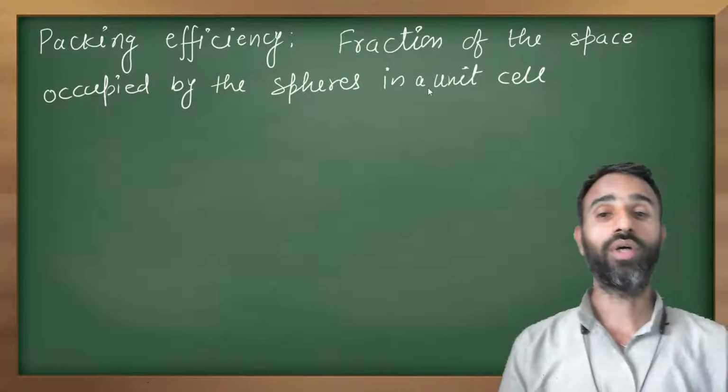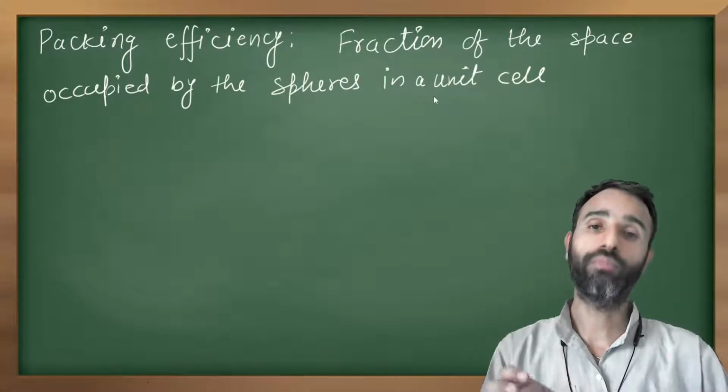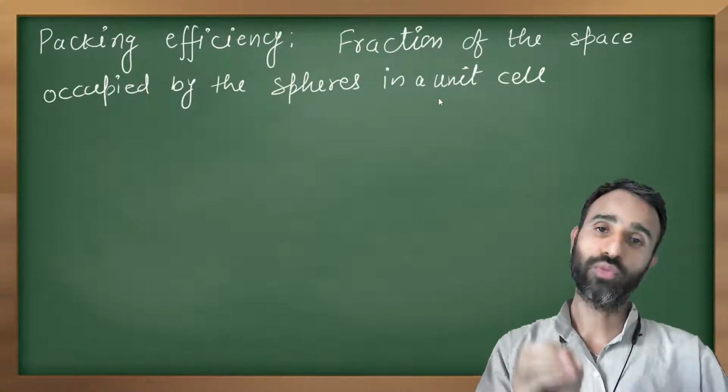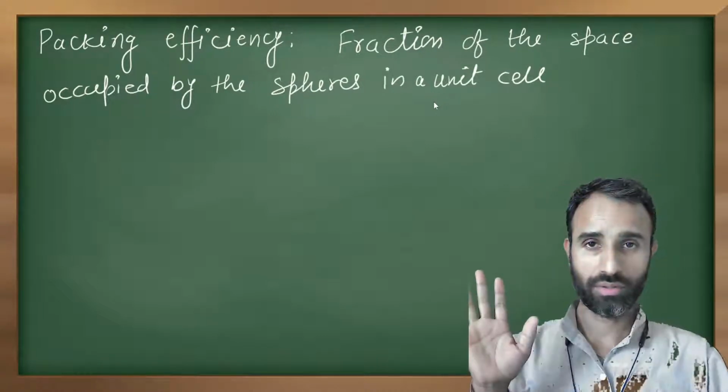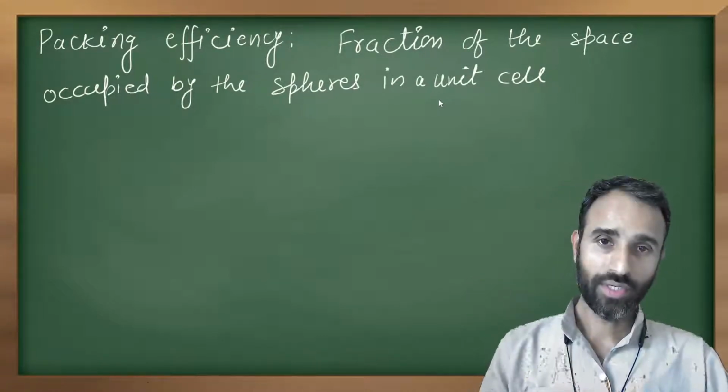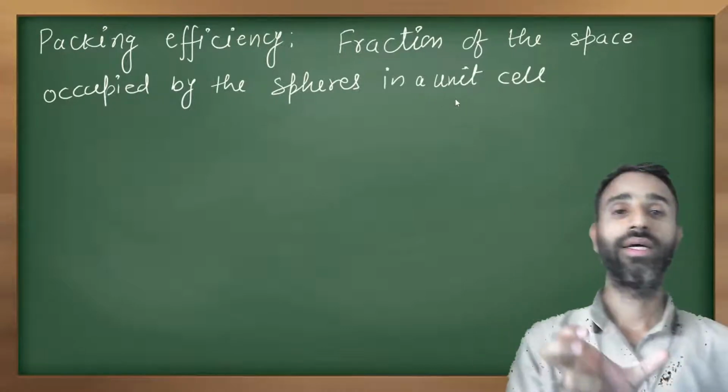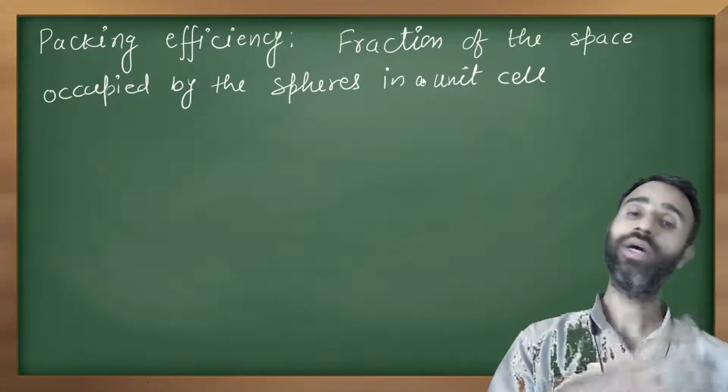Whatever fraction of the space is occupied by the spheres in a unit cell, the same is extended to the crystal as a whole, because the unit cell is a reflection of the crystal.